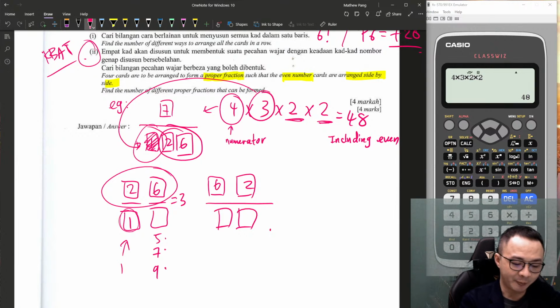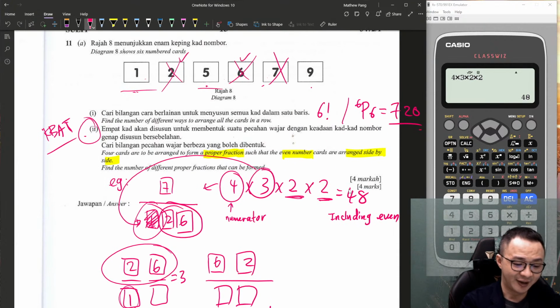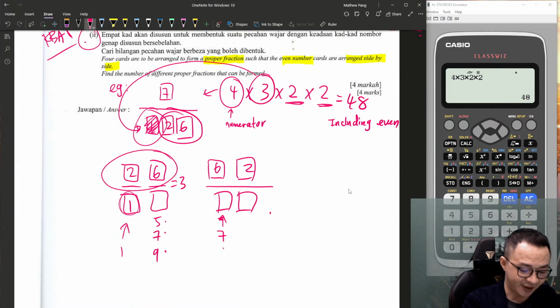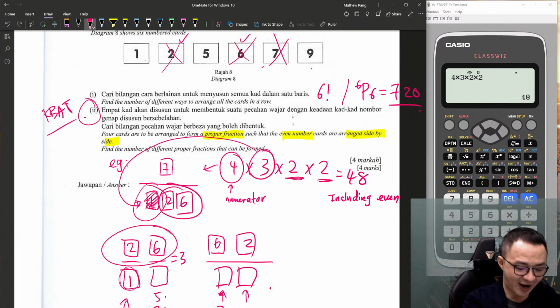But if I put 6, 2, then the first number here can be any number smaller than it, which is 1 and 5. I cannot put 7. No, it must be bigger than it, right? Sorry, it cannot be 1 and 5. It must be 7 and 9. Then behind here, I can put any other number, right? Yeah, I can put like 1, 5.